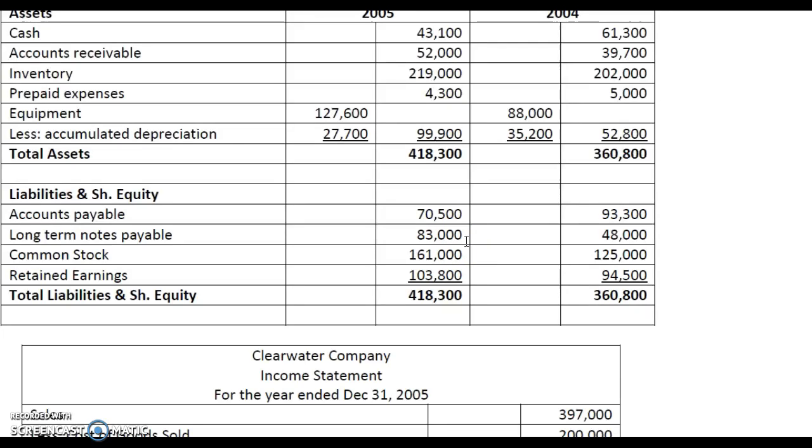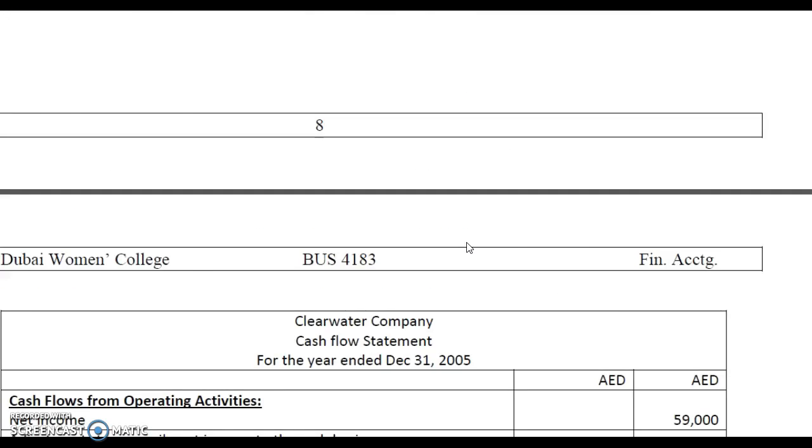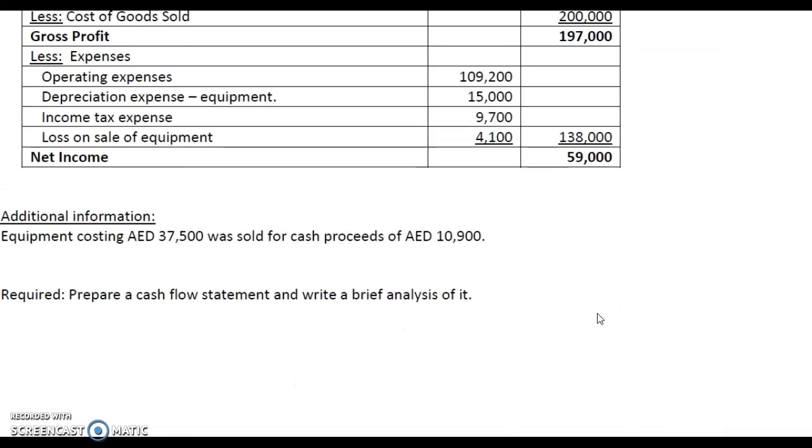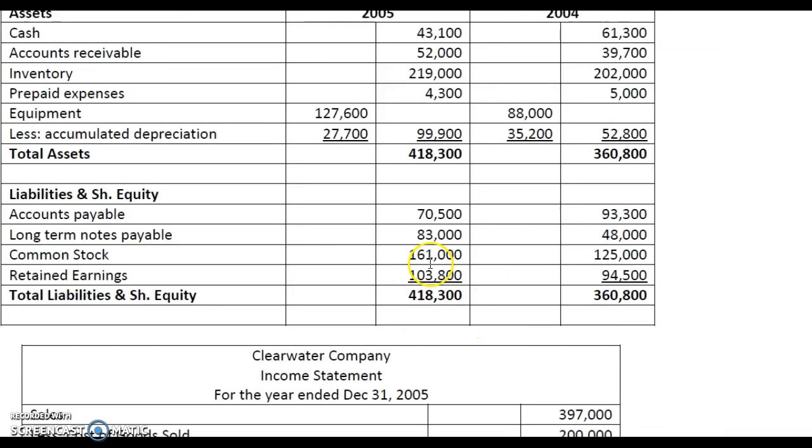Any increase in long-term liability or in current liability results in increase in cash flow. So we will add this under the heading cash flow from financing activities. As you can see here, issue of long-term note 35,000, which is the difference between the 2004 and the 2005 number.